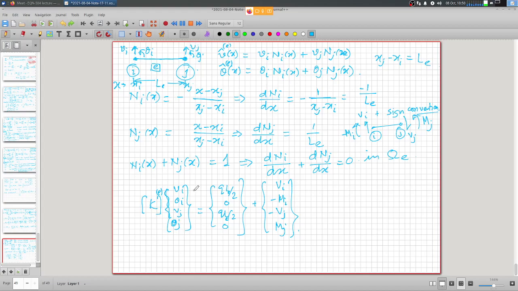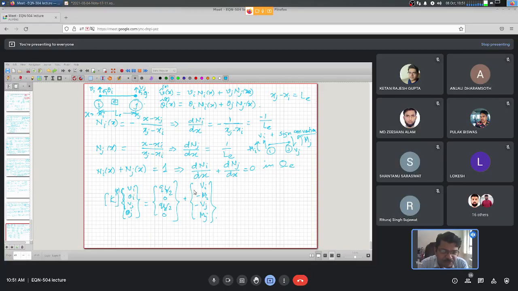And once you have the primary variables at the nodes, you can go back and substitute in the element level to find out the transverse displacement at any point and the section rotations at any point. Simple, isn't it? It appears to be much simpler than the cubic interpolation polynomial of the Euler-Bernoulli hypothesis. Doesn't it?